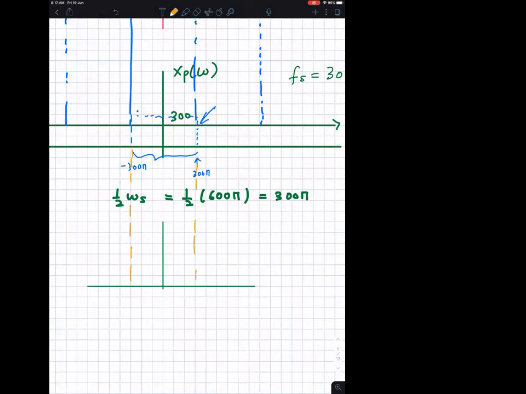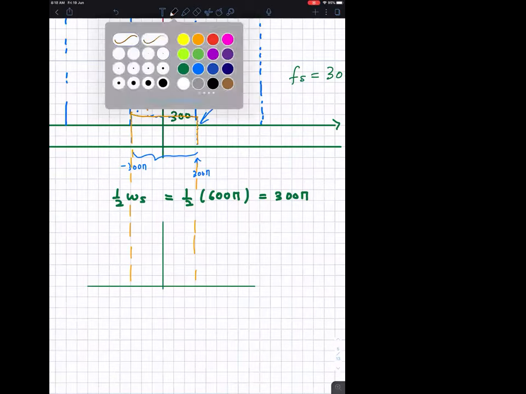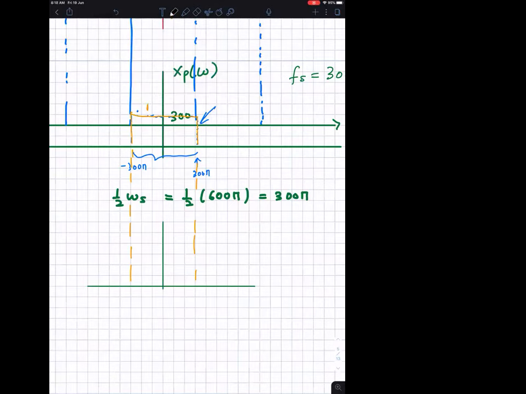Just assuming the filter is filtering this out somewhere around here. The magnitude of the filter is 1. It's not to scale. 300 times 1 is 300. So the output of the filter is not going to change in amplitude, but only the cutoff frequency.